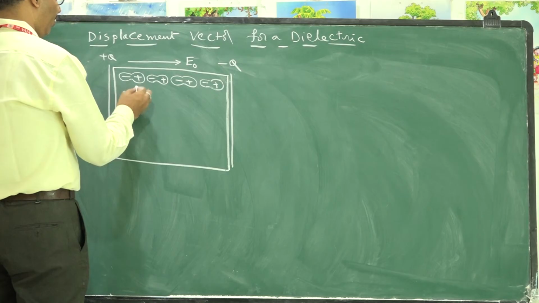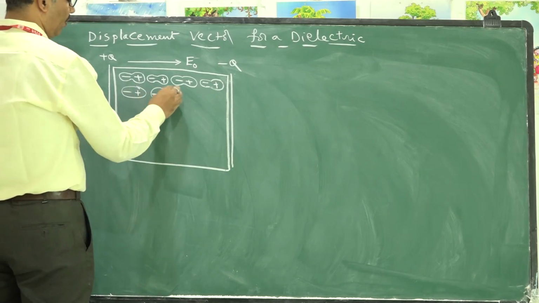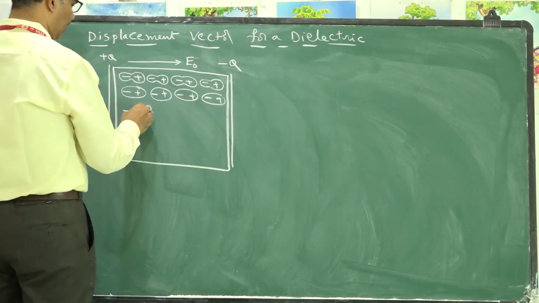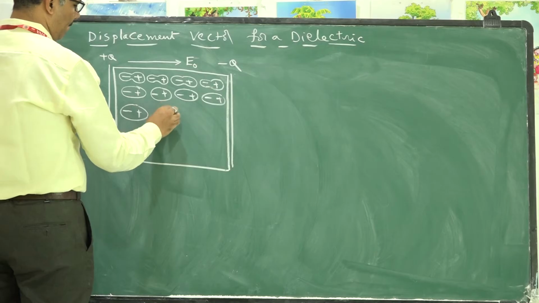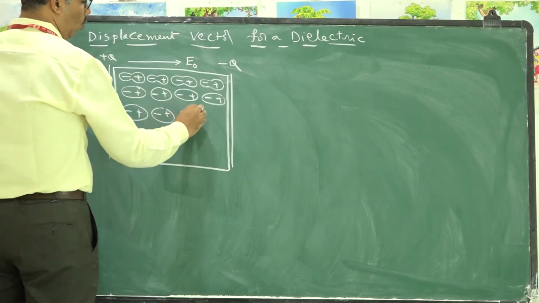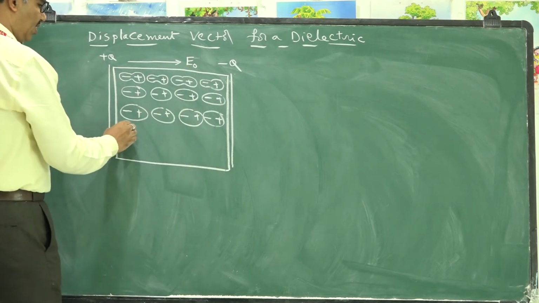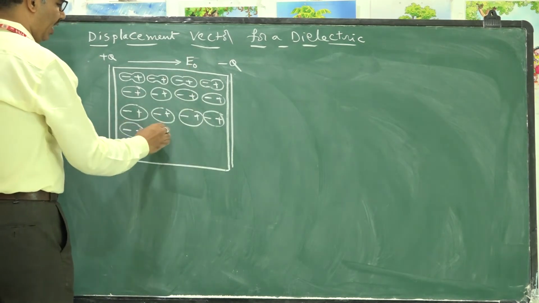Similarly, everywhere you will get negative, positive, negative, positive. Whatever dipoles which are randomly oriented, in the presence of this field, they are oriented like this.